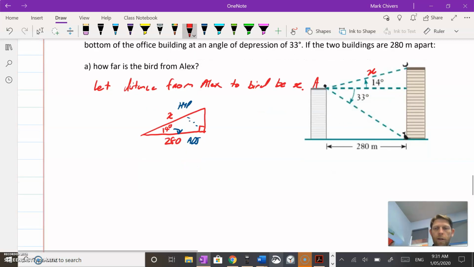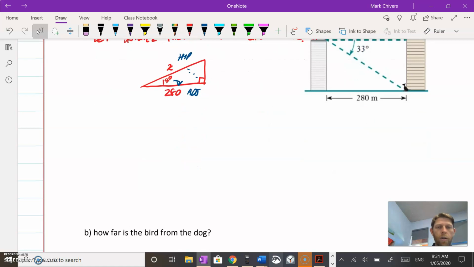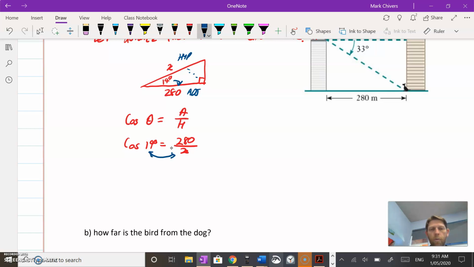So in that circumstance, I'm going to be using cosine. So CAH, C-A-H. So cos theta equals the adjacent over the hypotenuse. And in this particular case, that's cos of 14 degrees equals the adjacent side, which is 280, over the hypotenuse, which is x. Now, once again, this is that situation where if the unknown's in the bottom, you can just do a swapsy, or you can do your algebra to work it out correctly.